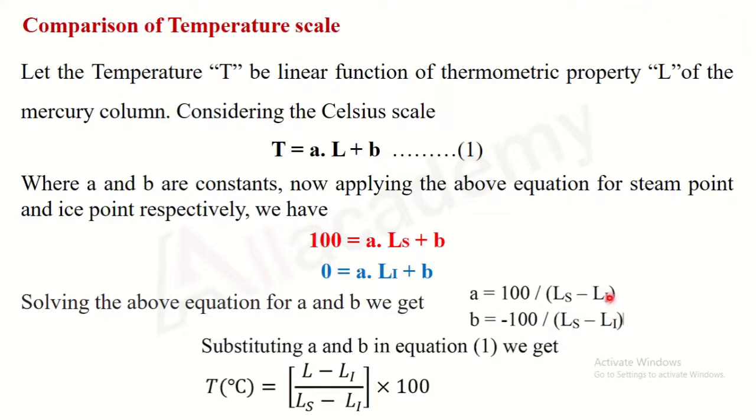Then by substituting these constants in equation 1, we get T equal to L minus Li divided by Ls minus Li into 100 in the Celsius scale. This is the standard equation considered for the Celsius scale.